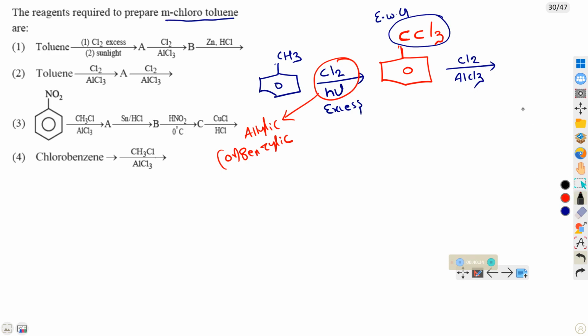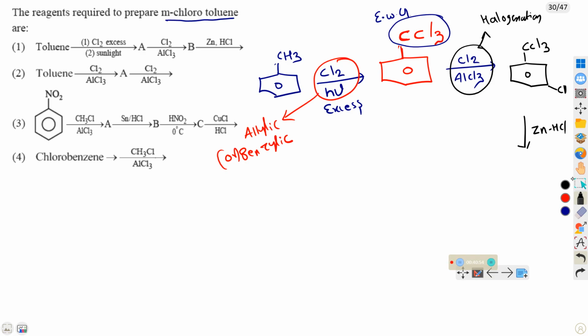Which process takes place? Halogenation takes place. It is an electron withdrawing group, and that's the reason the chlorine atom substitutes at the meta position. Finally, Zn/HCl: reduction takes place.